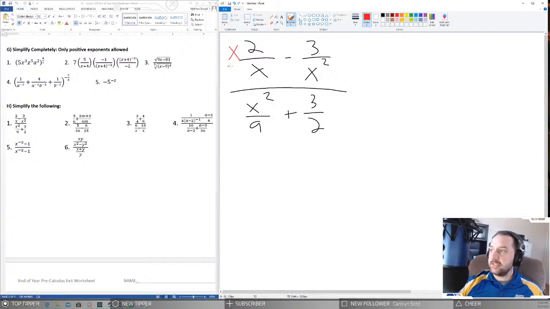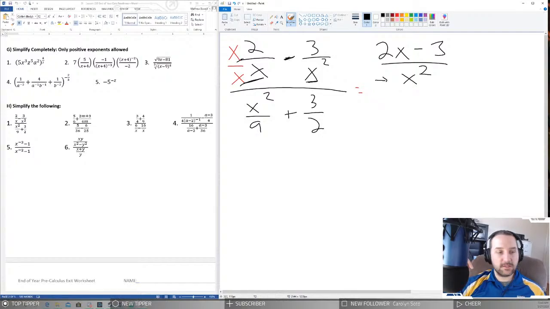So this needs a common denominator, 9 over 9. Now if I do that, I'm now going to have 2x minus 3 over x squared. Because the denominators are the same, when you add or subtract, you just keep the denominator. And then this is x times 2, so that's 2x, and then I have minus 3, so 2x minus 3.